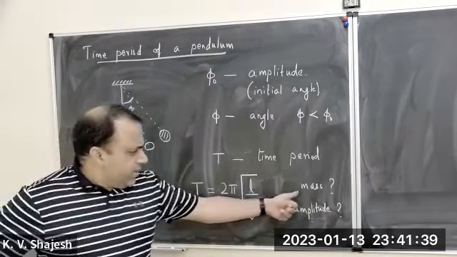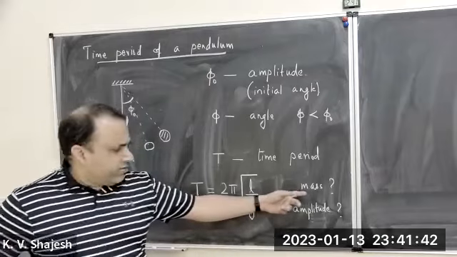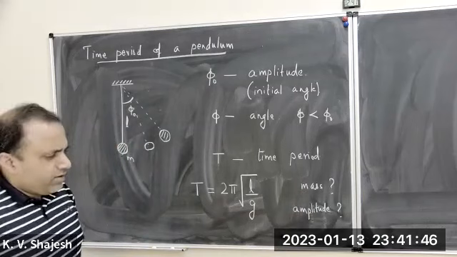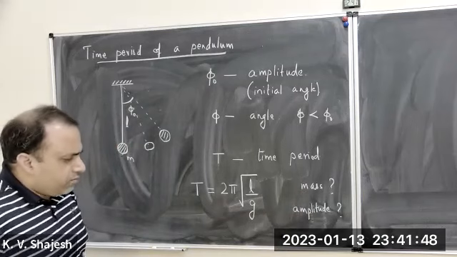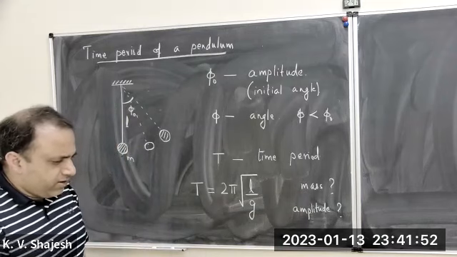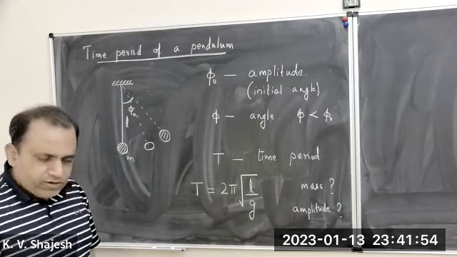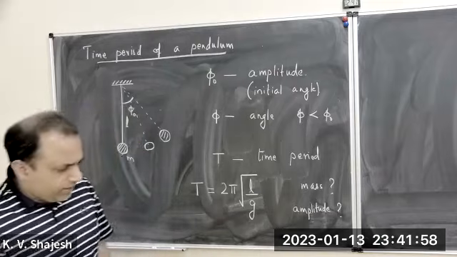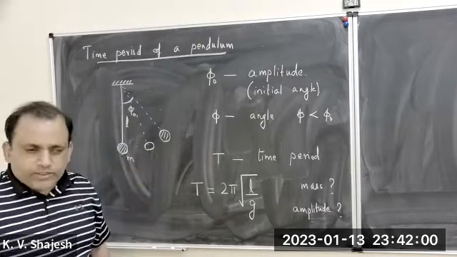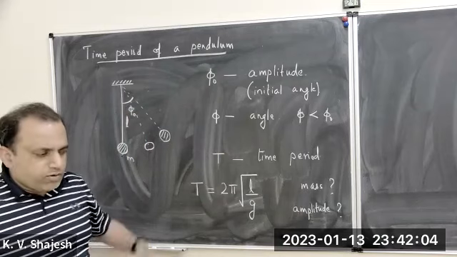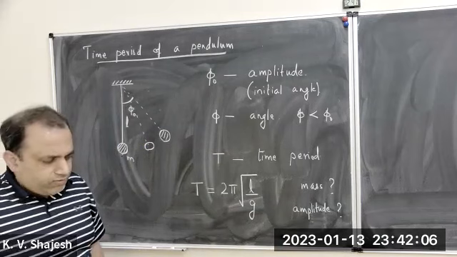The independence of this time period with respect to mass was very surprising in those days, because remember that Galileo in the 1600s came before Newton, and it was common to expect that if you drop two objects, a heavier object would fall faster.